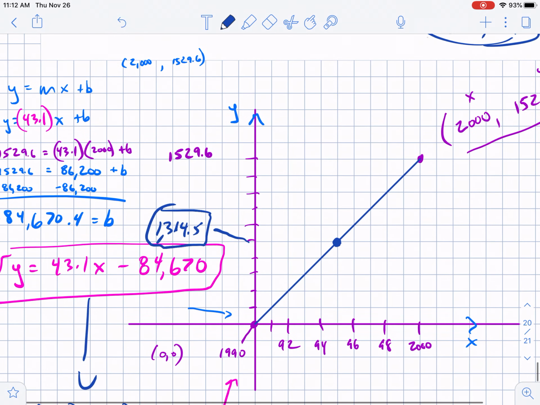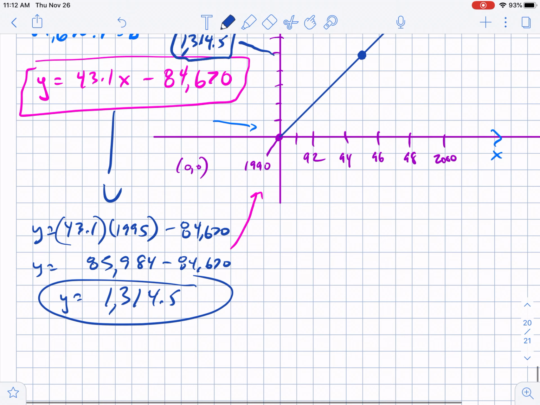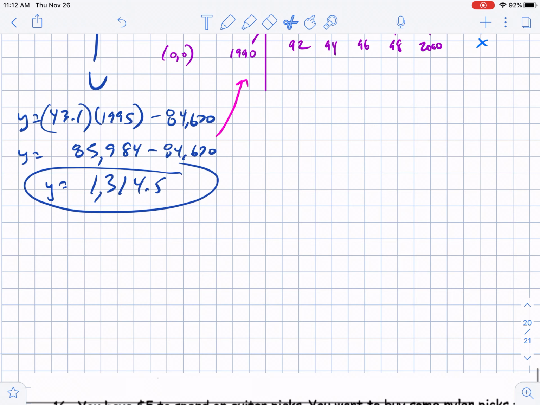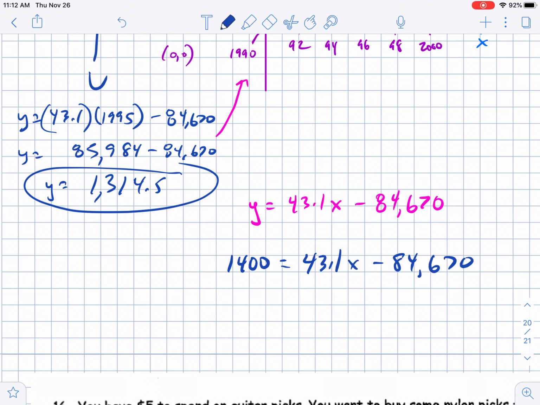And when were there 1,400,000 visits? Well, I'm now going to take this same equation as I did before. They're asking me, when will the answer be 1400? I plug in 1400 equals 43.1x minus 84,670, and I solve for x.